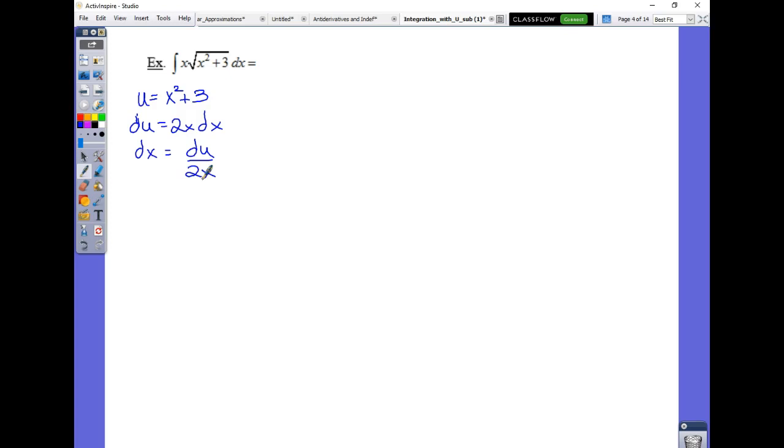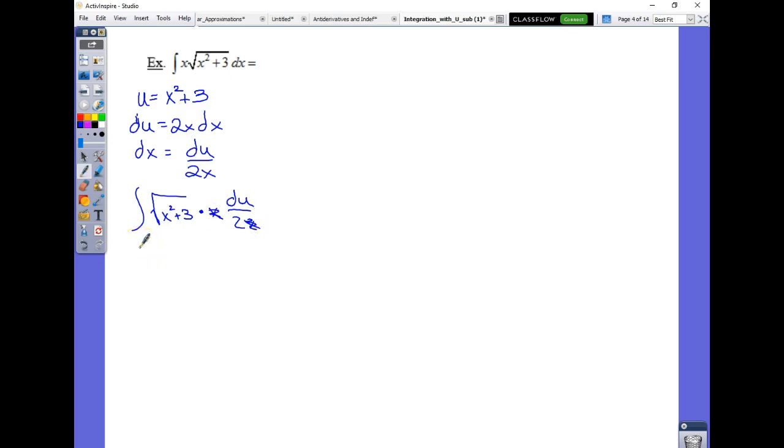I take a look at my problem. I get the integral of the square root of x squared plus 3 times x du over 2x. And what happens here? X's cancel.